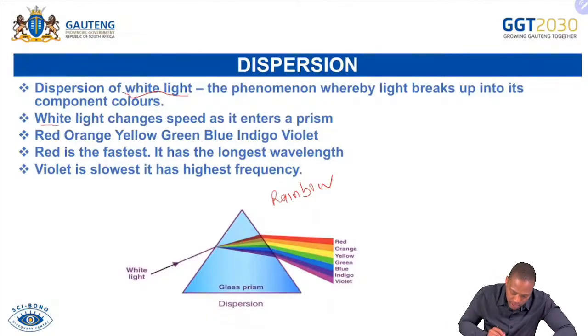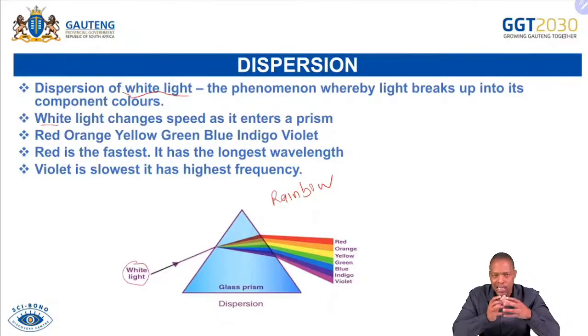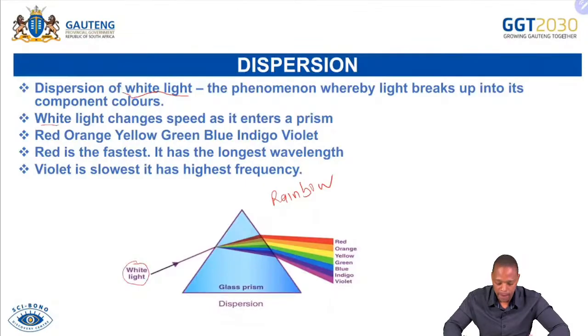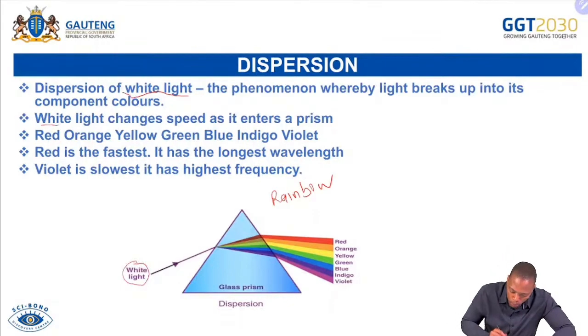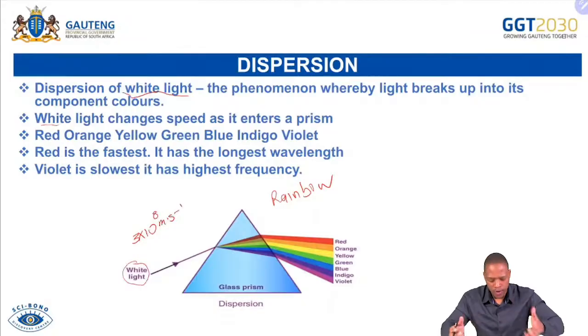So white light comes in. Within white light itself, all colors are there, all of them, okay? The major ones are the ones that have been listed here, but within white light, all colors are there. So white light carries all colors. While white light is moving, let's say it moves at the speed of 3 times 10 to the power of 8 meters per second, because it's relatively close, okay?